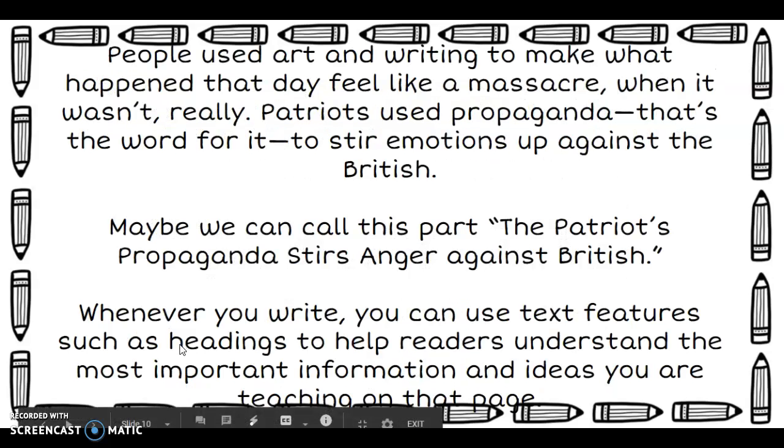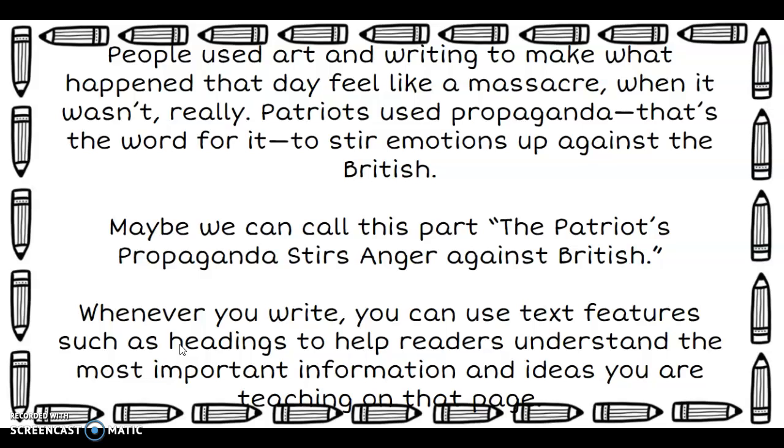Now, people used art and writing to make what happened that day feel like a massacre, when it wasn't really. Patriots used propaganda, that's the word for it, to stir emotions up against the British. Maybe we can call this part the Patriots' propaganda stirs anger against British.